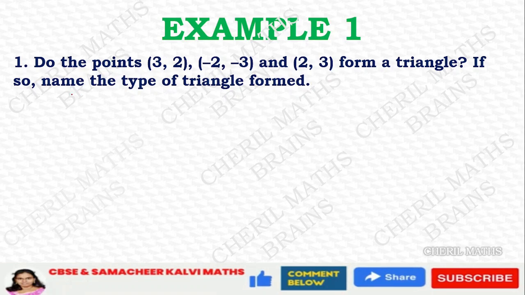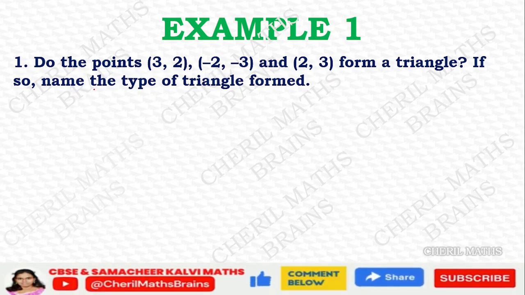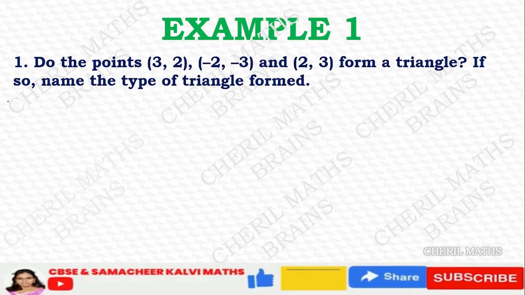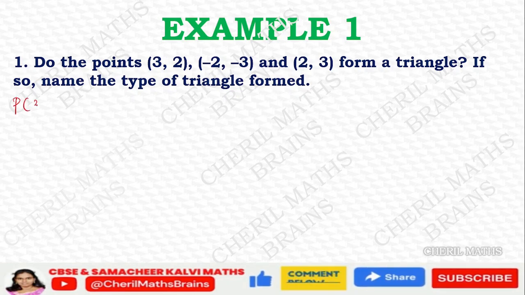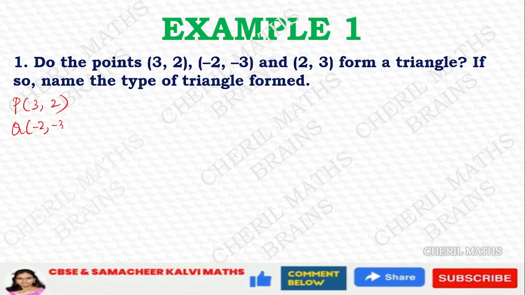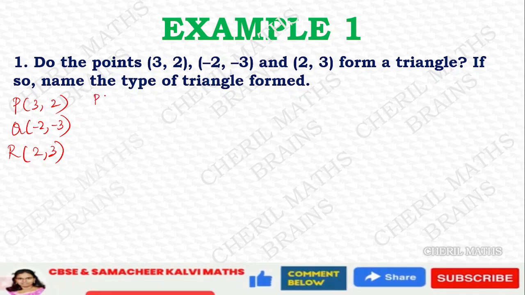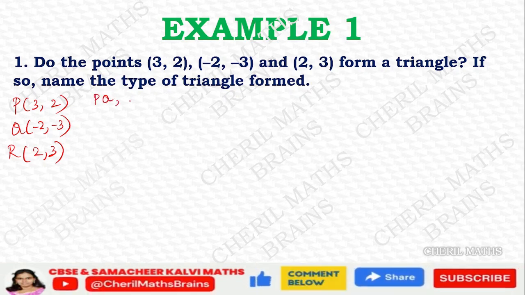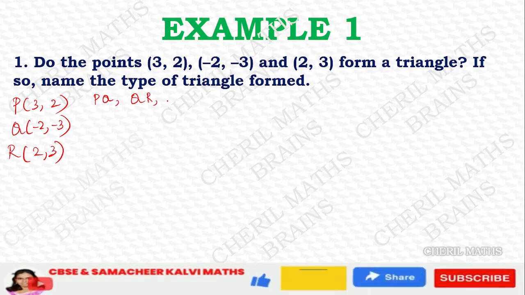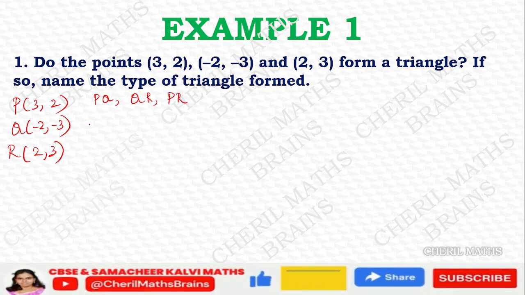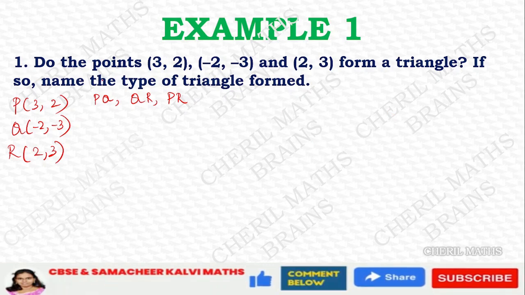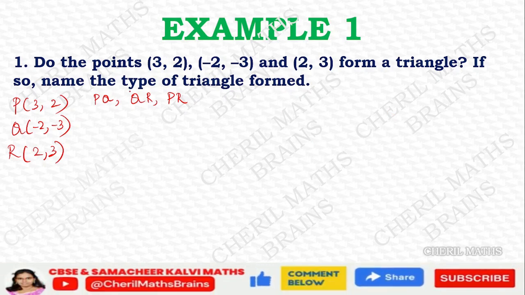First let me take these points as P, Q and R. Let's take P as 3 comma 2, Q as minus 2 comma minus 3, and R as 2 comma 3. First we will find the distance of all the sides PQ, QR and PR. From that we will check if we can name the type of the triangle formed.